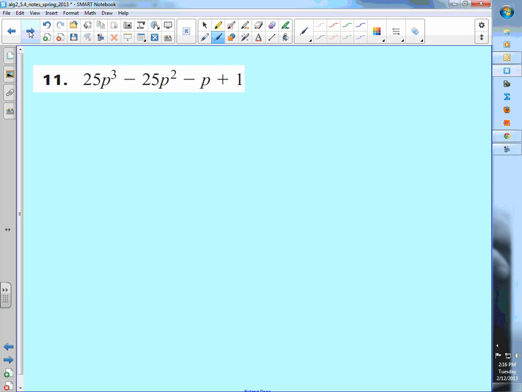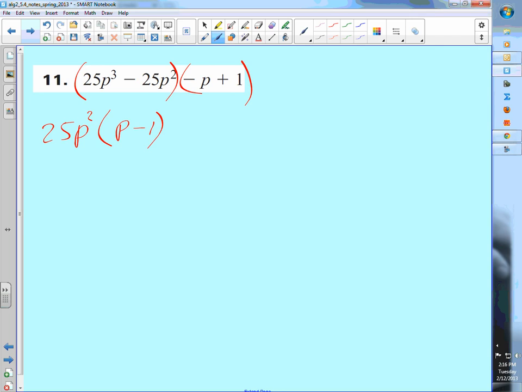Now, the last one I want to show you on factor by grouping. When you group here, it appears that nothing is in common in the second parenthesis. But you have to factor out what in the second parenthesis? If nothing else, a -1. Here, we're going to take out a 25 and a p squared, and you're going to be left with p minus 1.